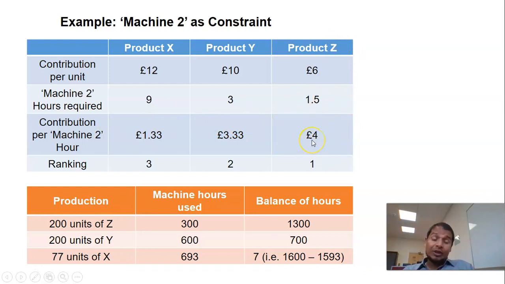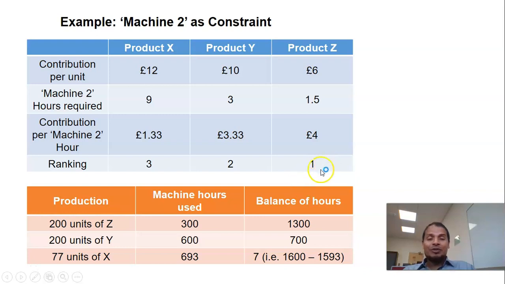Based on this, we can now decide which one I should produce. Obviously, you will use 1 hour of machine 2 for product Z first. As long as you can produce product Z, you will not go for other products, because this one will give you the maximum benefit, maximum profit, and that's why this is the highest ranking, first preference.